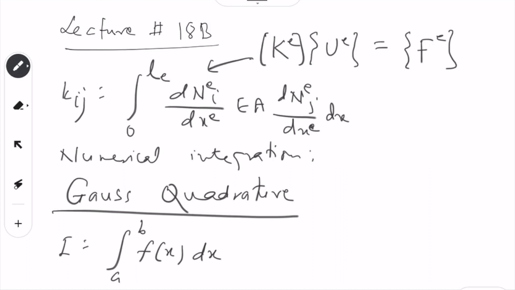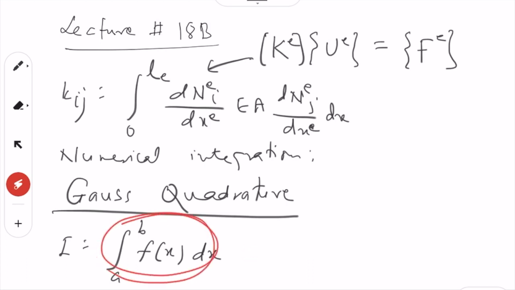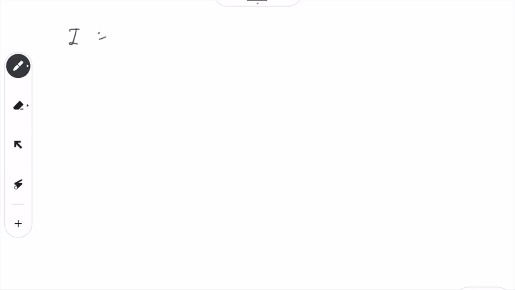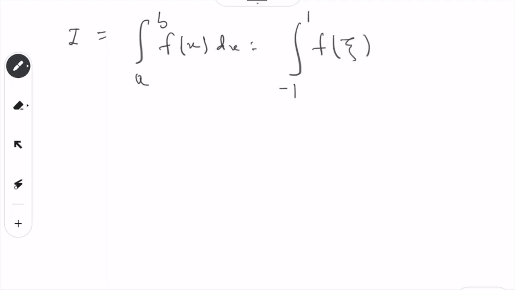Okay. So that we have some standard form, we can translate this integral: I equals the integral from a to b of f(x) dx. We can also write it as the integral from -1 to 1 of f(xi) d xi.